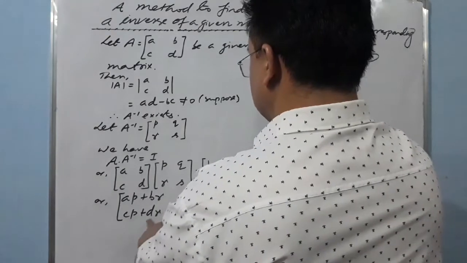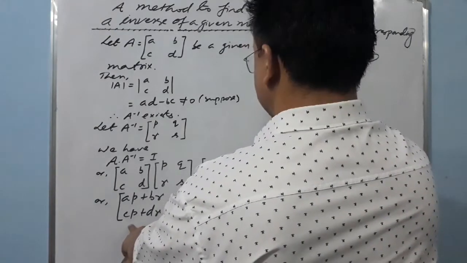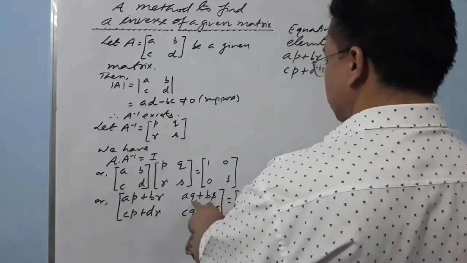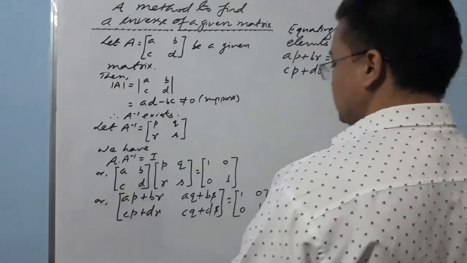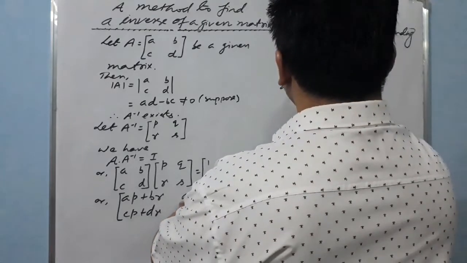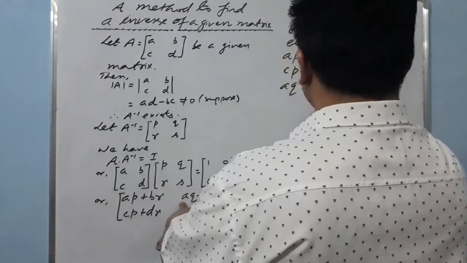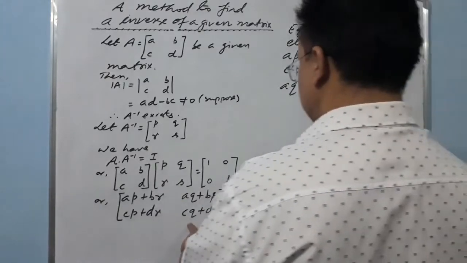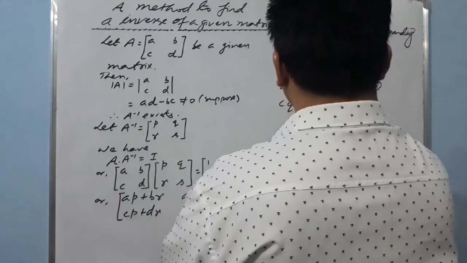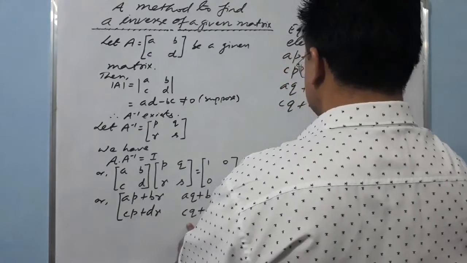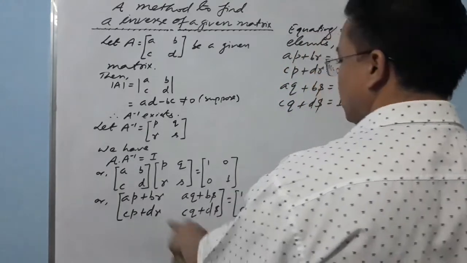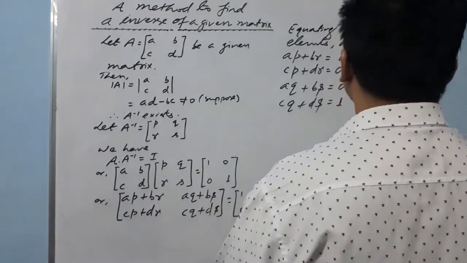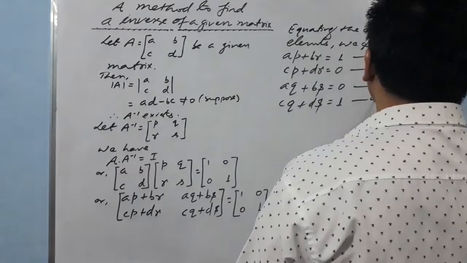Then CP plus DR is equal to 0, the second equation. AQ plus BS is equal to 0, the third equation. And the last equation, CQ plus DS is equal to 1. This is equation number 4.